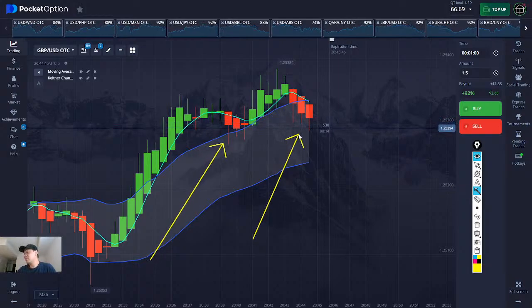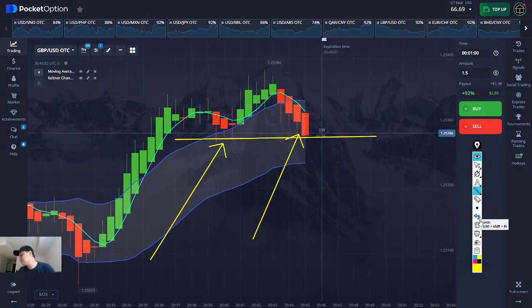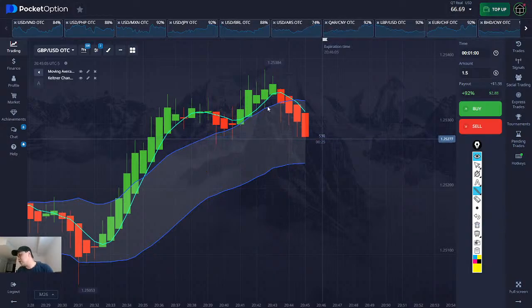Support, support. As long as it doesn't break that line, probably anything below that is just, there you go. It's just cropping up. And I'm not gonna go that way. I don't like playing that anymore.